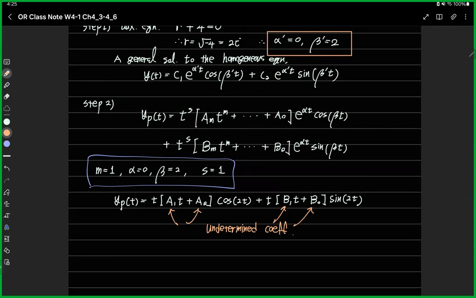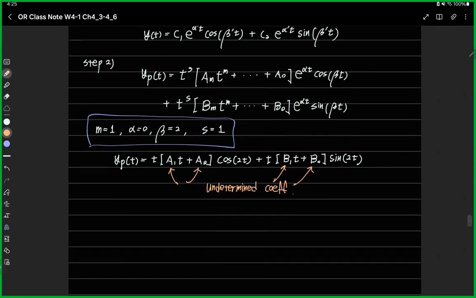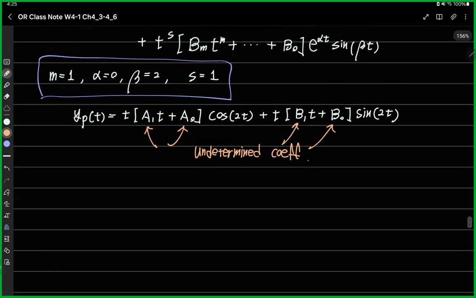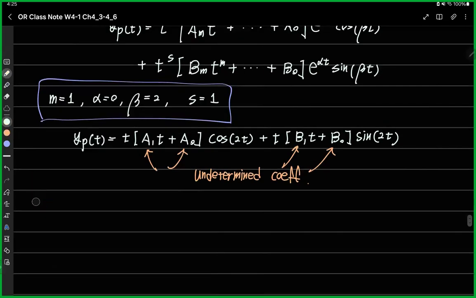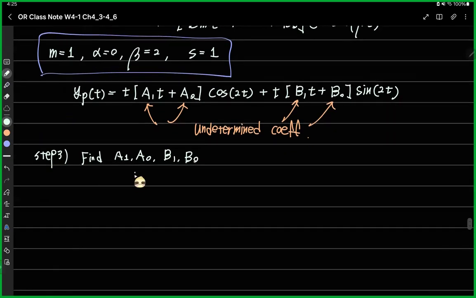That was step 3: find a1, a0, b1, and b0. Let me skip the computation because it is tedious.